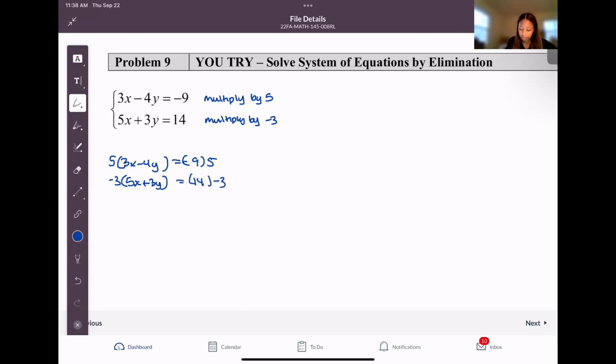All right. Then let's simplify. So the system becomes 15x minus 20y equals negative 45. And then negative 15x, very good. Be careful with your signs here. Minus 9y equals 14 times negative 3 is negative 42.